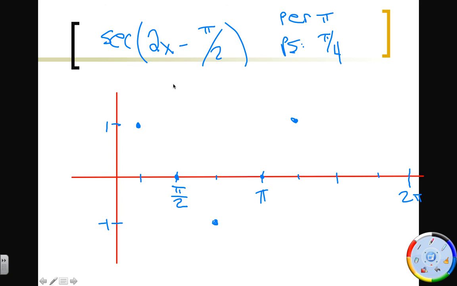I want the secant function. So I'm going to draw my asymptotes. And then I'm going to use that minimum as a maximum. I'm going to use this. Let's go ahead and, where's this other dash going to end up going?